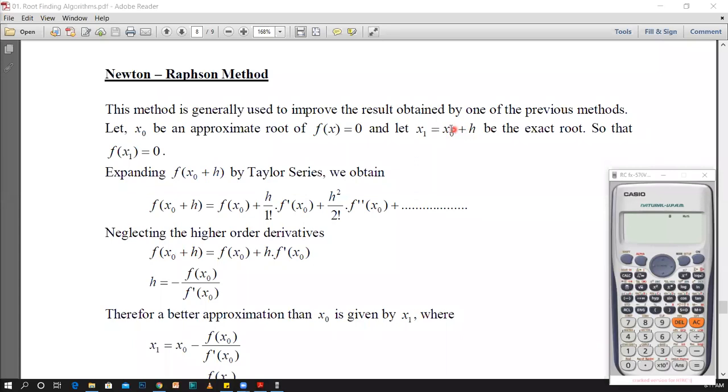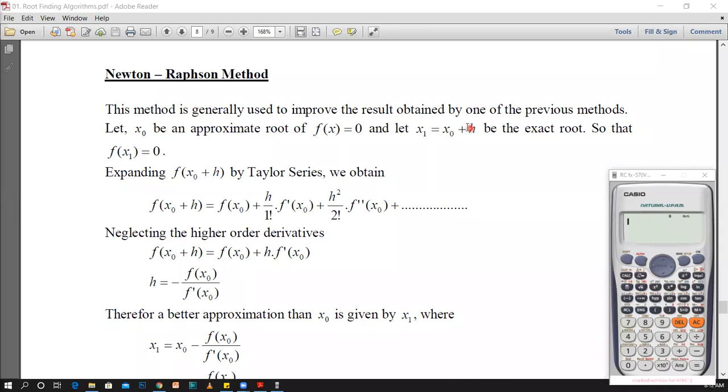So x1 is the exact root and x naught is the approximate root which we have already found, and x1 is a very small distance h away from x naught. Therefore, the difference between these two values should be equal to h.